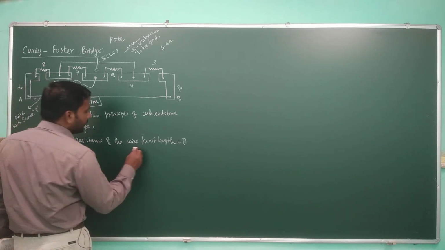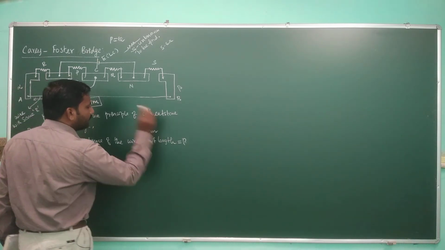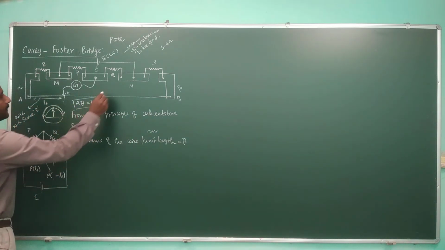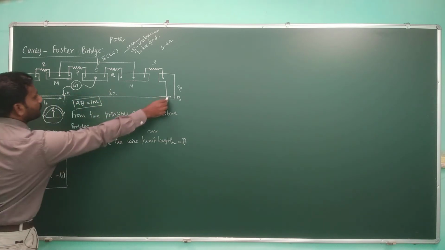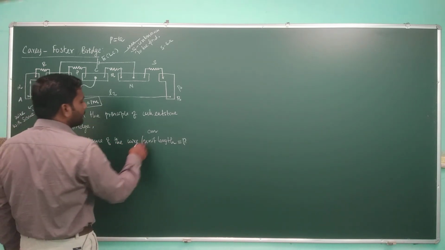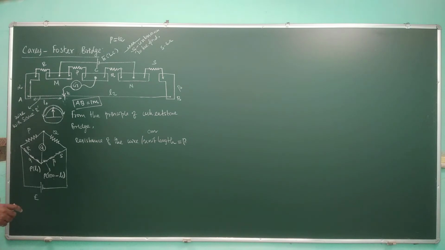Suppose here this unit length is centimeter. In this case, this will be L1 and this length is L2, from this point to this point, which is unknown. Because L1 is also unknown, we have to subtract from 100 minus L1 if you write in terms of centimeter. If you are writing in terms of meter, then it is 1. In that case, the resistance of the wire per meter should be taken as rho.